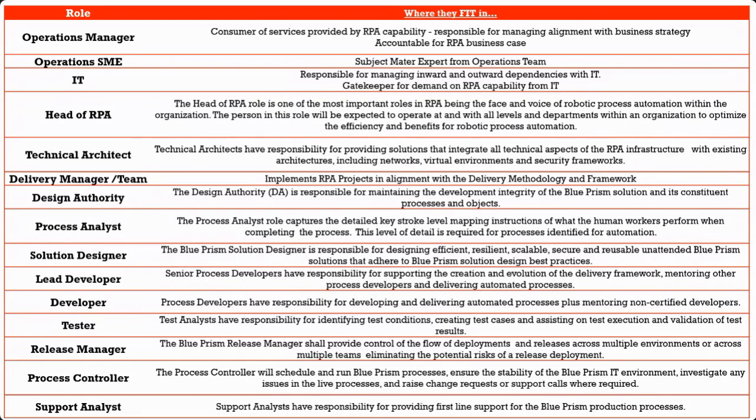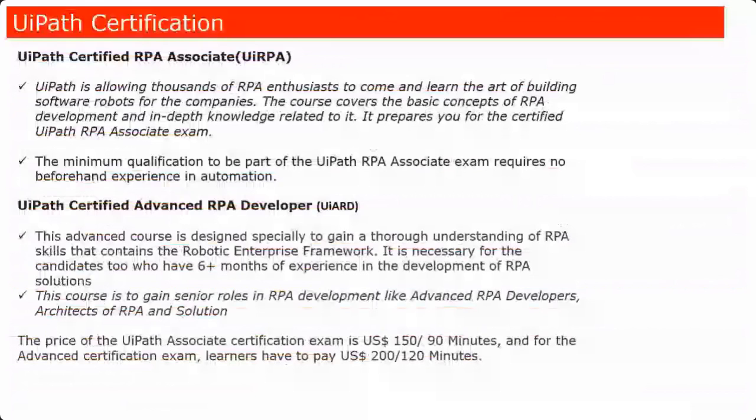All right. So let's move to the next slide and see what kind of certifications we have available with UiPath. Okay. So UiPath is providing two certifications. The first certification available with UiPath is UiPath Certified RPA Associate.